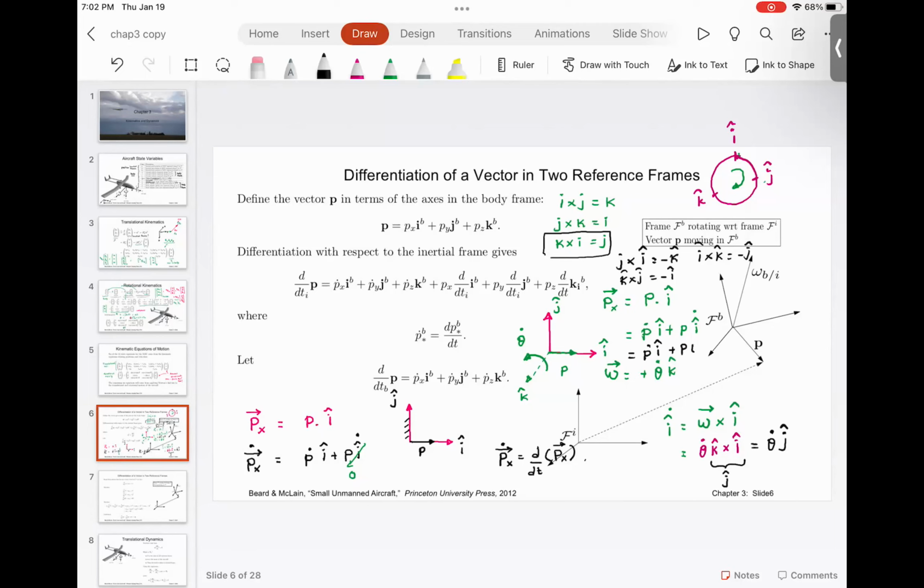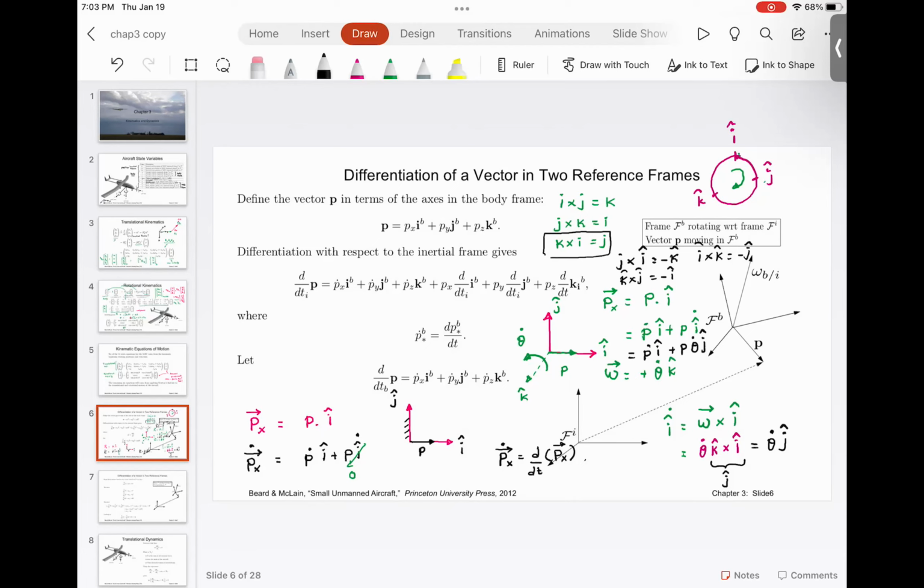Plus P theta dot J. And this equation is so important that I'm going to rewrite this on the board to explain it. Because what I want to do is, after I draw this here, I want to show you a demonstration. That way you won't forget this.